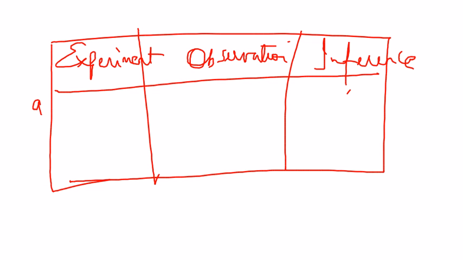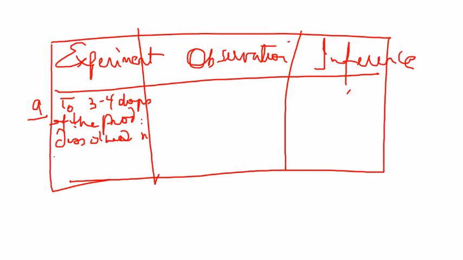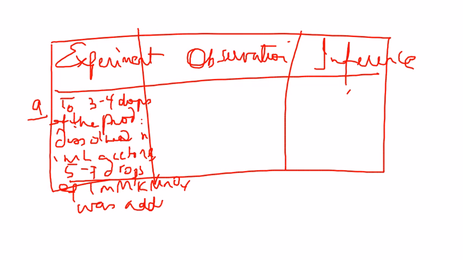So you say A, 3 to 4 drops of the product dissolved in 1 milliliter acetone, 5 to 7 drops of 1 millimolar KMnO4 was added. And then you make your observation, and then what you infer from there.